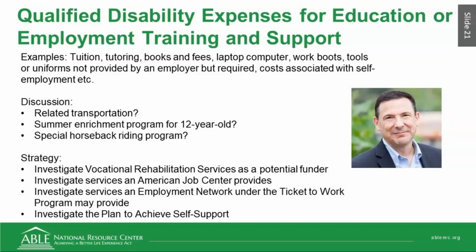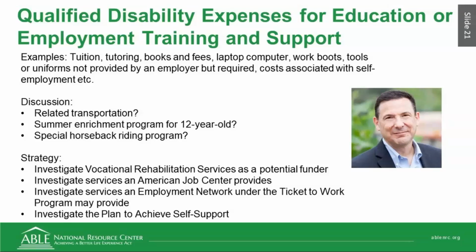So, in the larger article, I provide some examples of a specialized summer enrichment program for a young person with a disability. Example of a therapeutic horse riding program. Any number of summer camps that specialize in serving kids with disabilities.